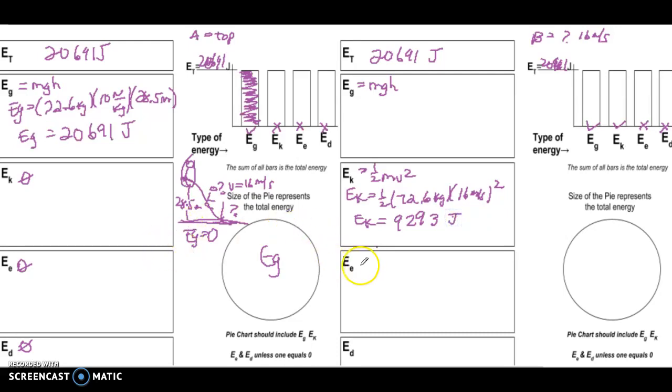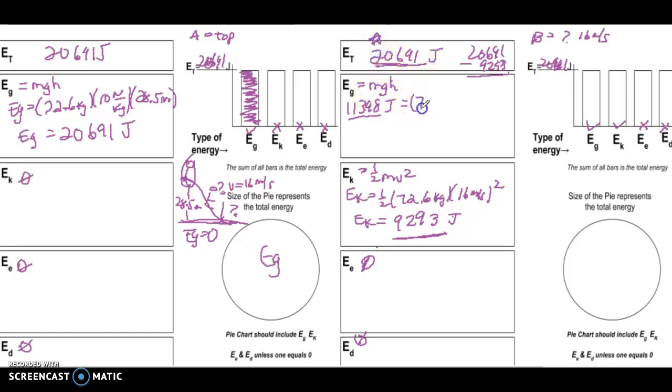I know there's no EE, and I know there's no ED, so the total has to add up to 20,691. So if I do 20,691 minus 9293, that's going to tell me the part that's left over to be the EG, which is going to be 11,398 joules. This 9293 plus 11,398 gives me the total.